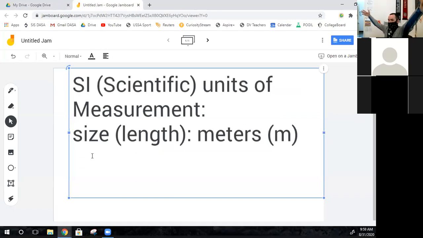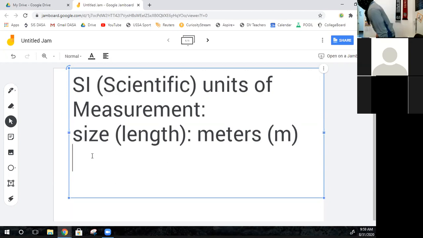Okay? It's about this big. I could get a meter stick and see exactly. I was pretty close. This is a meter, right? Meter, okay? Meter.